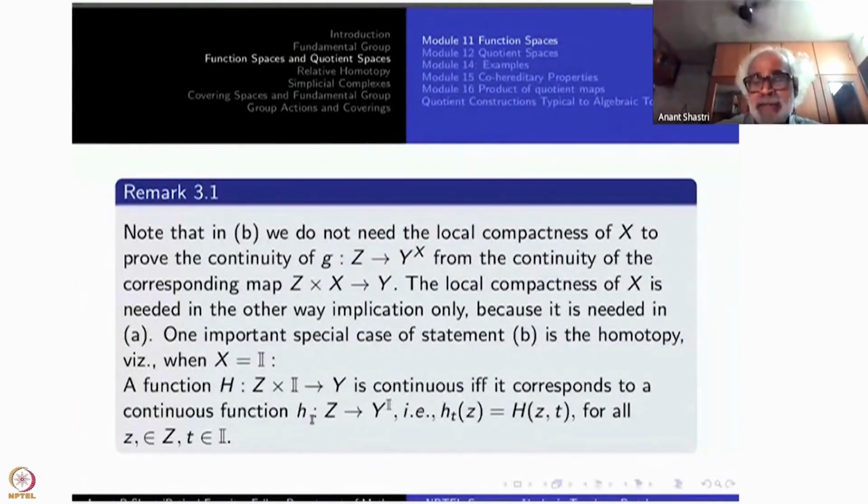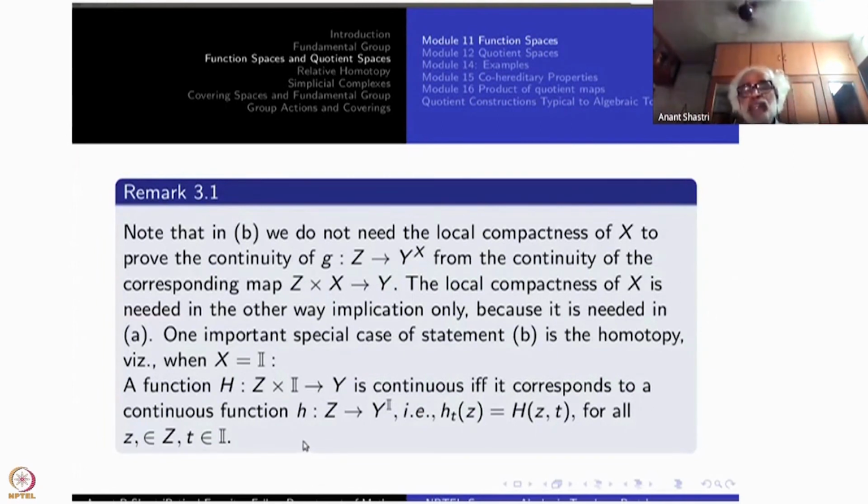Remember, I have put little h t. Little h t's were all functions from Z to Y. So now that whole family is a function from I to Y, right? So h itself is a function from Z to Y raised to I. h of z is a function from I to Y, operating upon t is h. So that is the meaning of this.